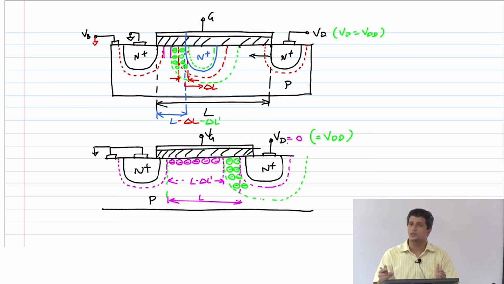Of course, now because the two depletion regions have come very close to each other, the effective channel length also has come down by a small fraction. So there is an increase in current by two methods. Delta L is reduced, threshold voltage is also reduced. Okay, so this is just the intuition for short channel effects. Now we will incorporate all of this into our expressions as well. Okay, did that answer your question?